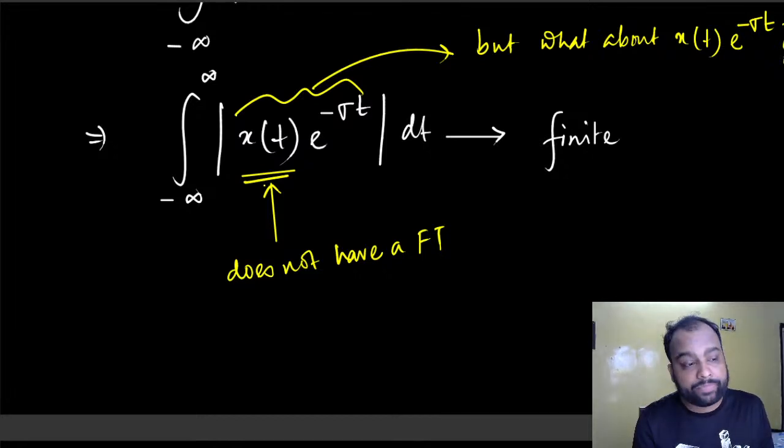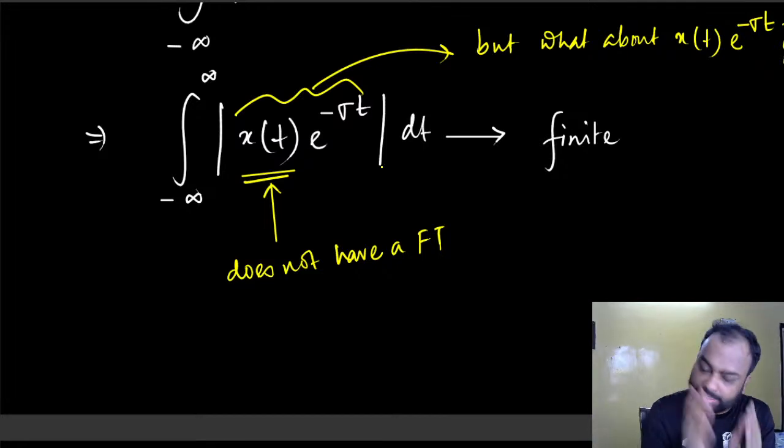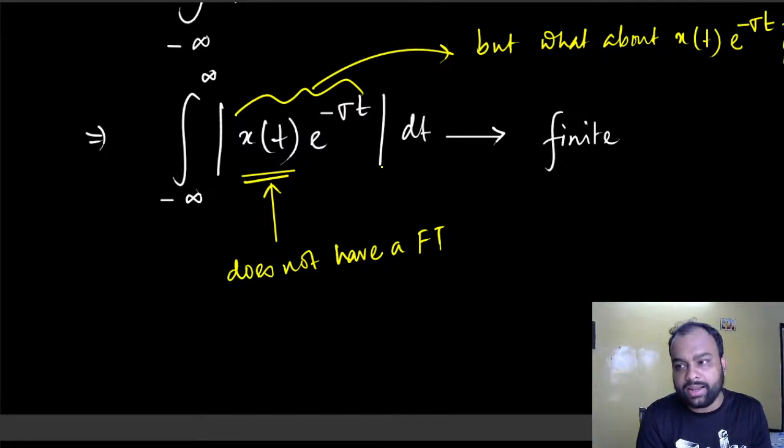This signal now has a Fourier transform, because it not only satisfies the necessary condition. What was the necessary condition? The absolute integrability of the whole signal, right? It satisfies that, and we can retroactively verify that it also satisfies the Dirichlet conditions, which are the sufficient conditions.